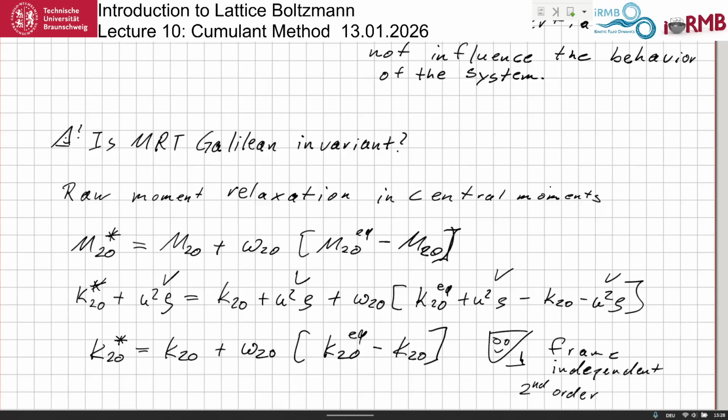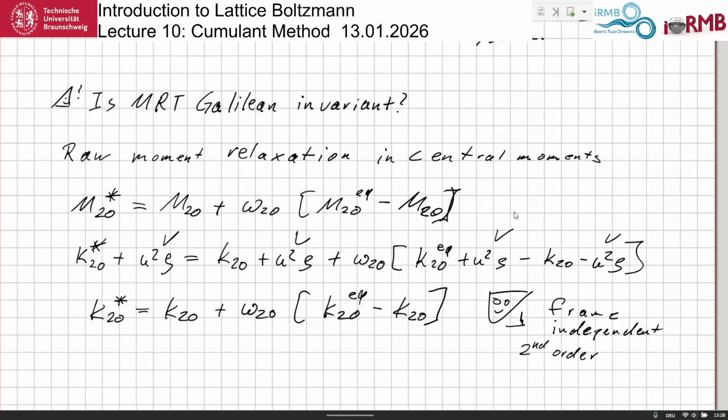We are not going to check all of them, but of course, you can do this for all second order moments: K20, K02, and K11. So they are all Galilean invariant. So that makes sense because MRT actually works, and so it should be the case.